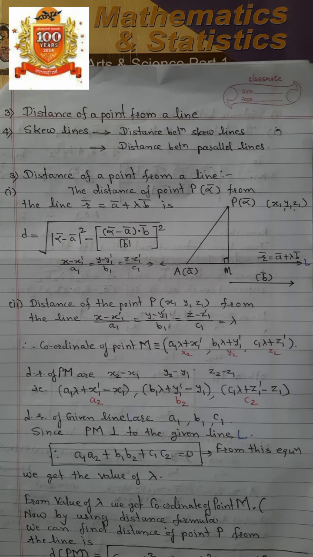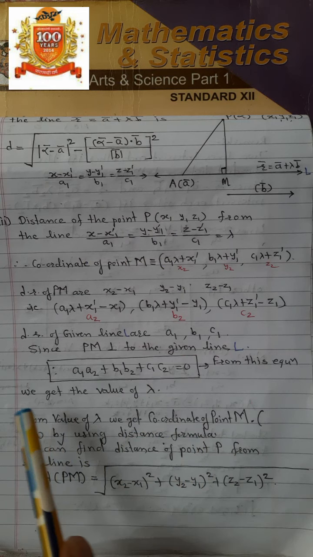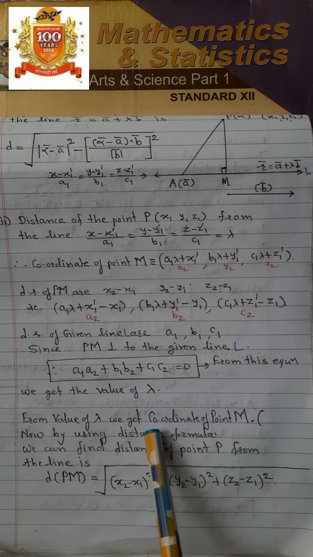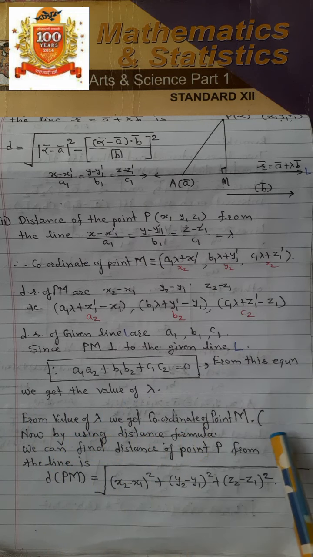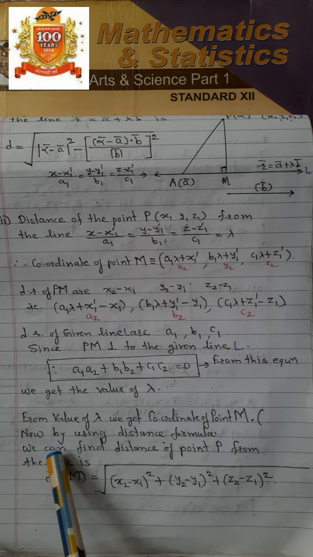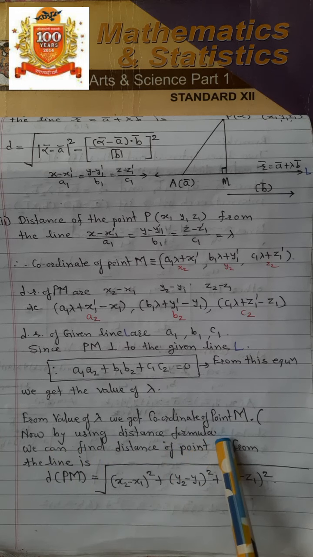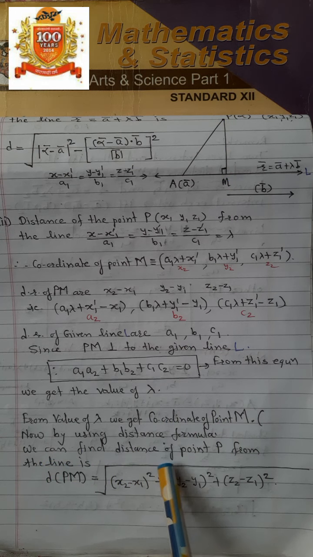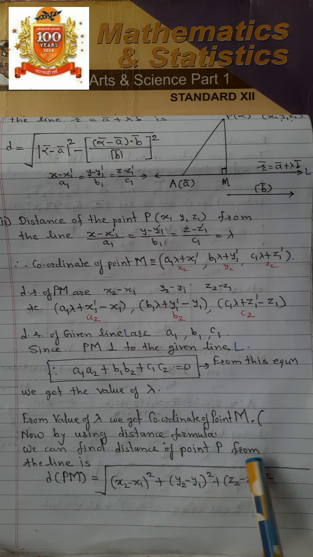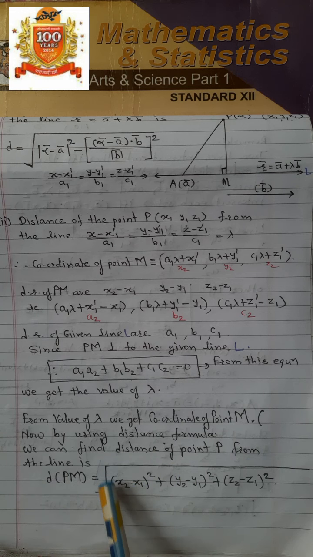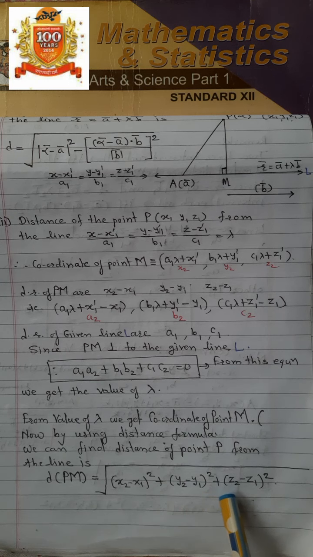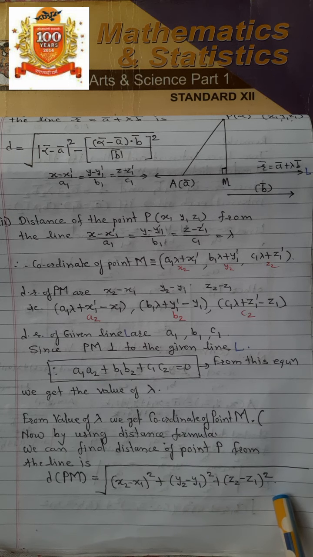Once we get the value of lambda, from the value of lambda we get the coordinates of point M. Now by using the distance formula we can find the distance of point P from the line. That is, distance PM is equal to square root of (x2 minus x1) square plus (y2 minus y1) square plus (z2 minus z1) square.